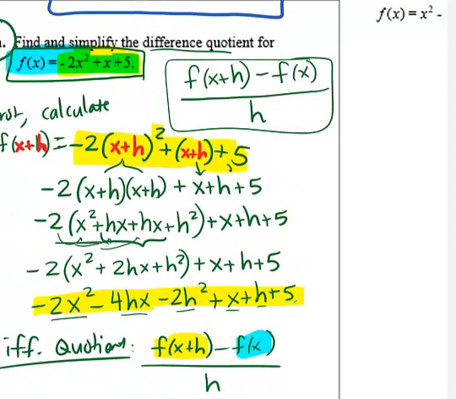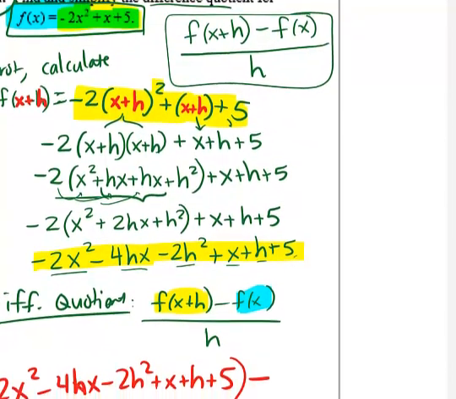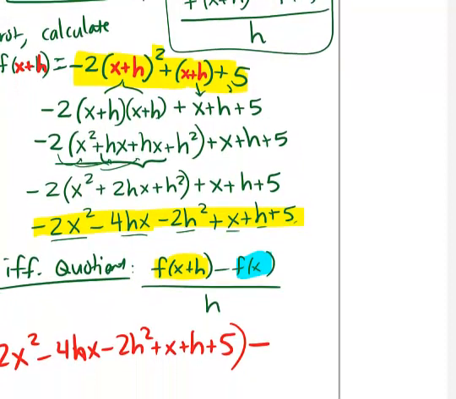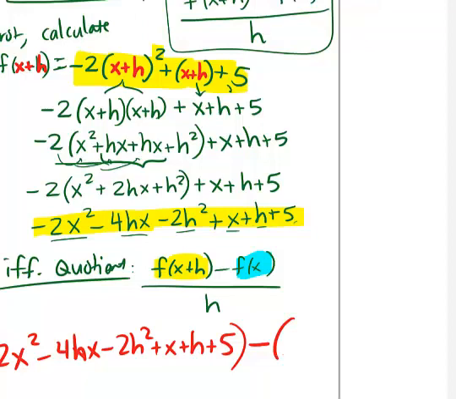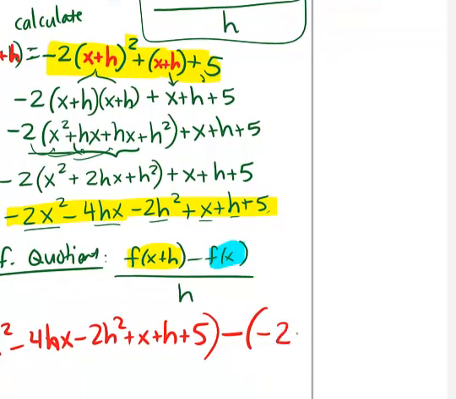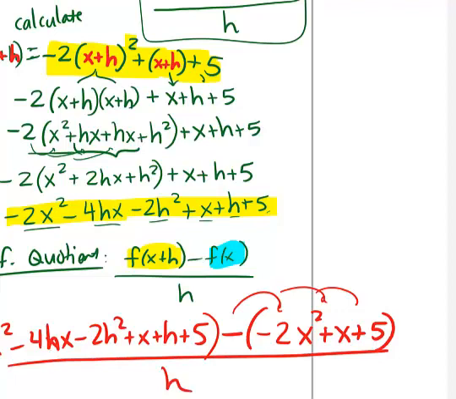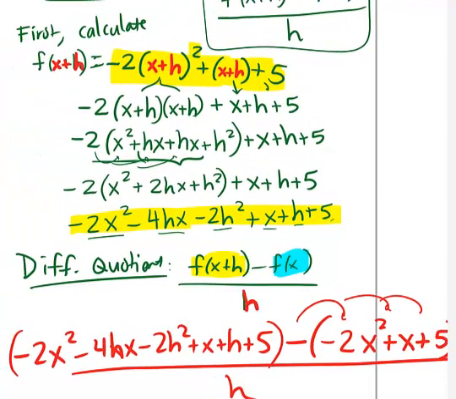So I'm just going to rewrite that. Negative 2x squared plus x plus 5. But just to be careful, I should put it in parentheses, because the subtraction sign between f of x plus h and f of x is supposed to be for every term in here. So I'm going to have to distribute it when I get the chance. And that's all over h, just because that's the way it goes.